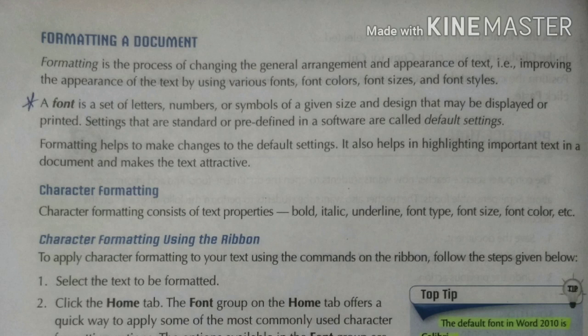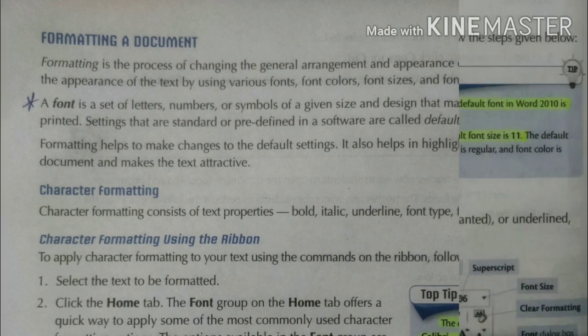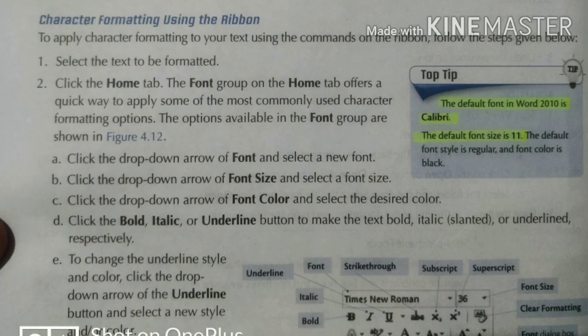Next, character formatting using the ribbon. To apply character formatting to your text using the commands on the ribbon, follow the steps given below. You need to follow these steps if you want to do character formatting.